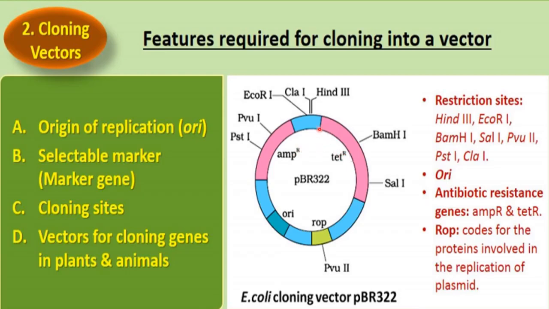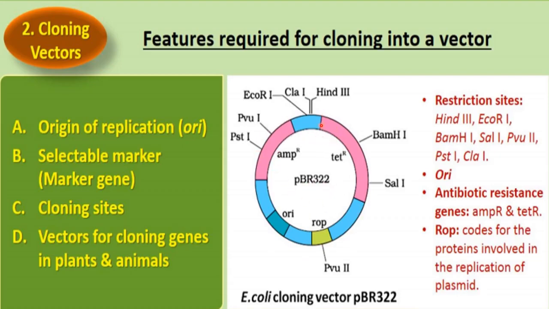It means these sites have resistance power against these antibiotics. What is this complete structure? This is a circular DNA, the plasmid pBR322, and it is basically a circular DNA.